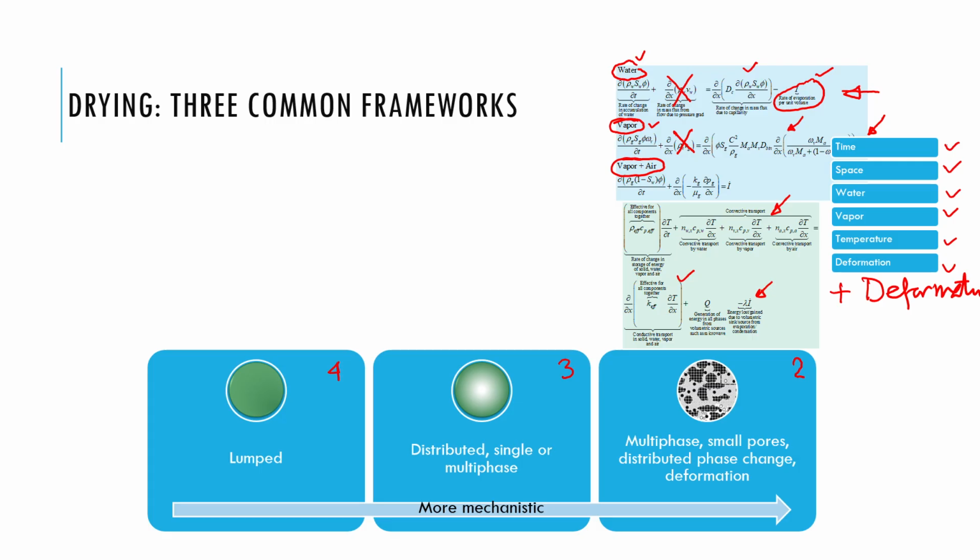Reducing details but still staying mechanistic, we get this diffusion equation description of the drying process. It still describes moisture as a function of position and time, but it does not have the multi-phase aspects of water and vapor.